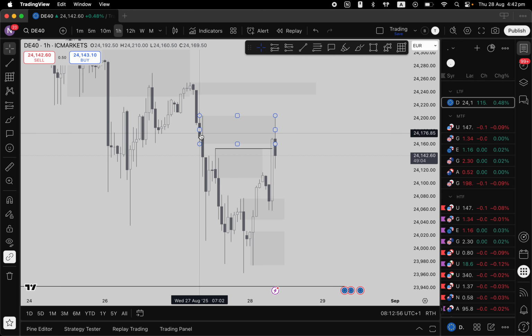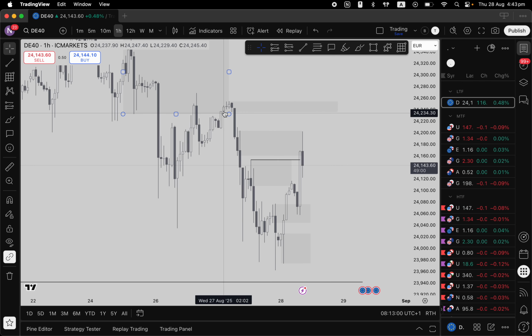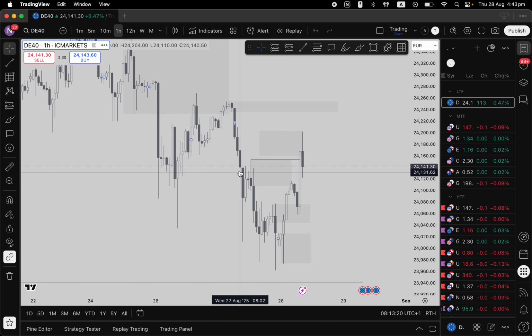This was the previous day's price action, where it came down here, then we swept below this low and reacted to the liquidity, and we closed here. Then price action came up into this wick, picked up more supply, then started selling off.